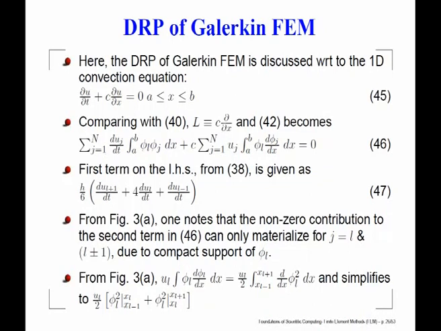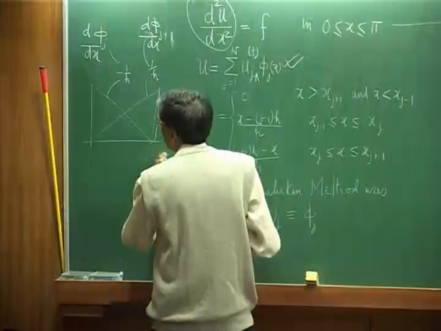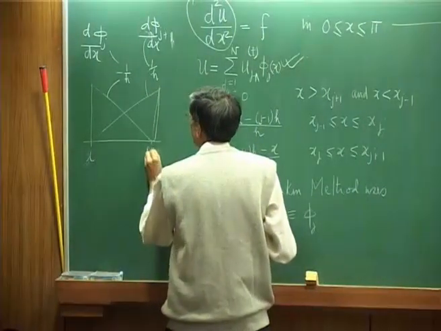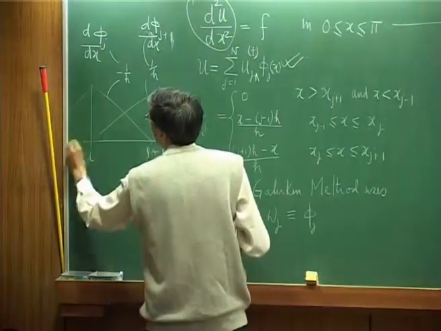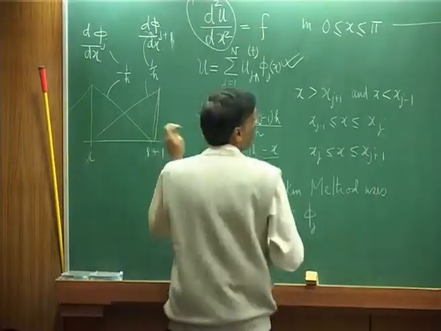And what do we get? We get this, right, because if this is my say the Lth node, then this is the function. So, this goes from L minus 1 to L plus 1.